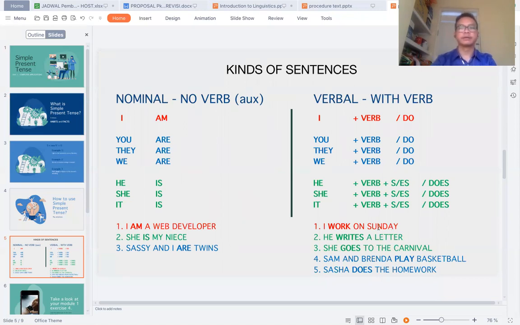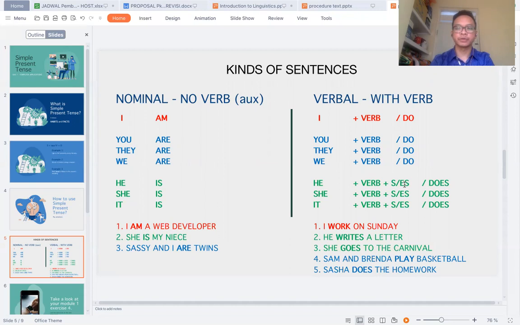Oke. Number 2. He writes a letter. Nah, take a look on the examples. He writes. Kenapa harus ditambah s begitu? Because when we use he, she, or it, we should add s or es.